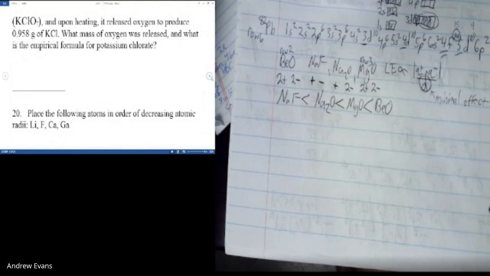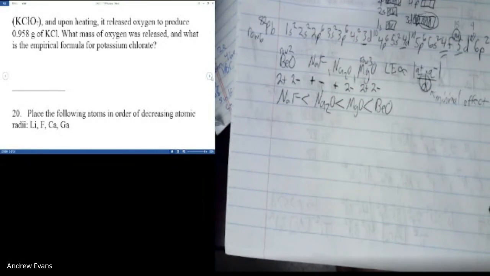So to figure this out, you subtract these two numbers to figure out the mass of oxygen released: 1.575 minus 0.958. Now, in the lab, we didn't actually find the empirical formula. We just found the mass percent of oxygen. So 0.617 grams of oxygen.